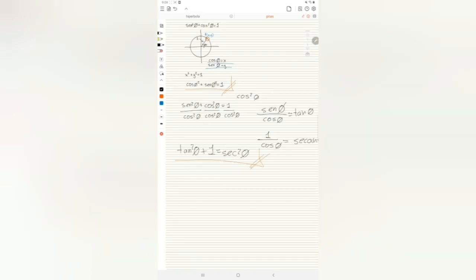Now we just have one identity left, and for that one we're going to do the same thing as in the one before, but instead of the cosine we're going to be using the sine. So if we have that the sine of the angle squared plus the cosine of the angle squared is equal to 1, we're going to be dividing this in terms of the sine of the angle squared.